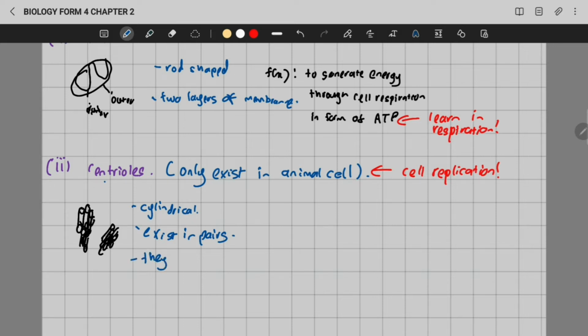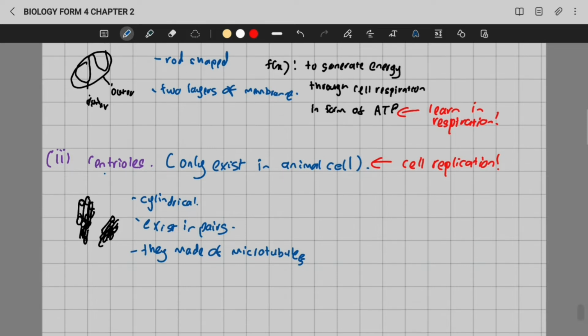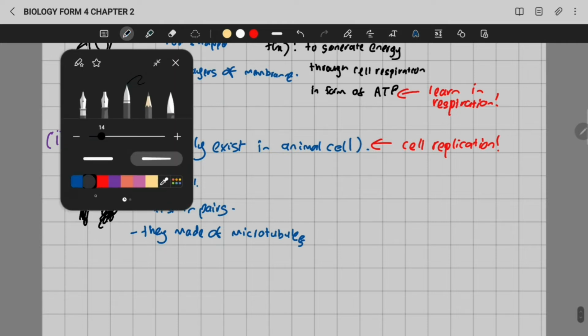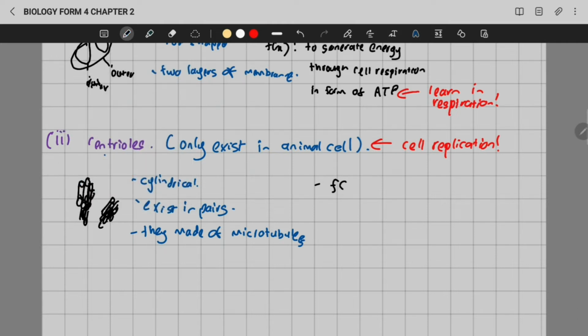Just remember the term. We'll learn more about microtubules at a higher level, where there are three types of microtubule. I will not explain it here, just if you guys are curious. And they don't exist in plant cells. So what they do, they form spindle fibers during cell division or cell replication.